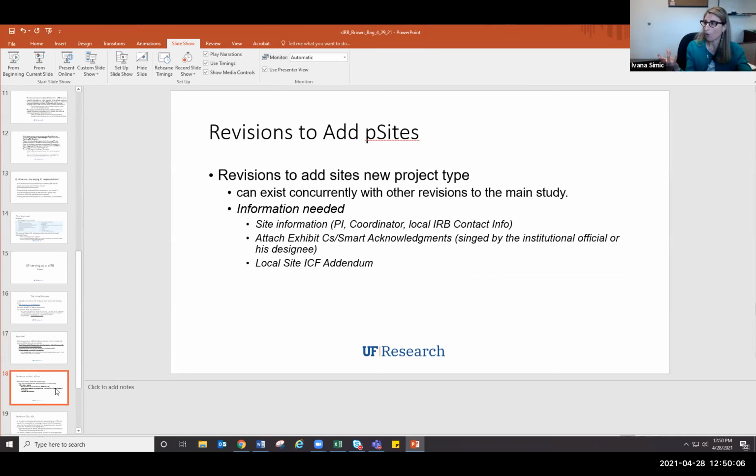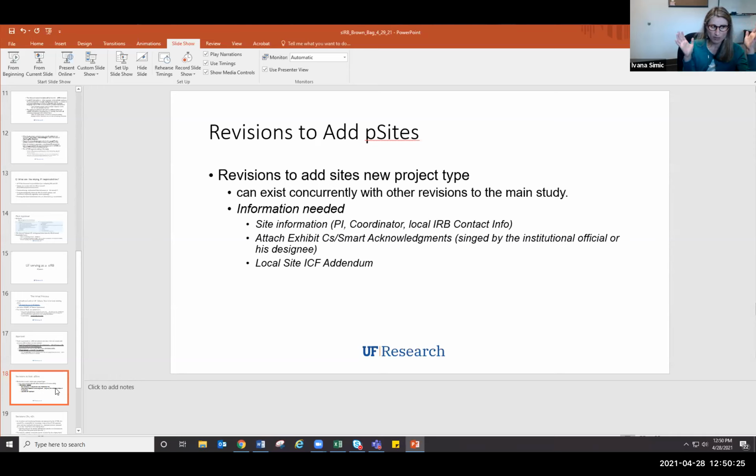Because as you know, two revisions cannot be in play at the same time, just like continuing reviews and revisions cannot be in play at the same time in my IRB. However, for revisions, we have leveraged the functionality in my IRB that allows for the so-called light revisions.